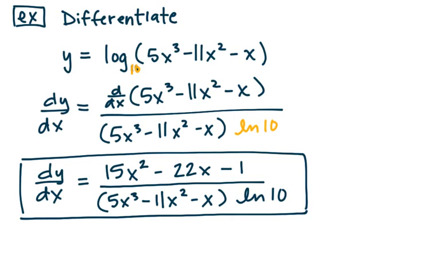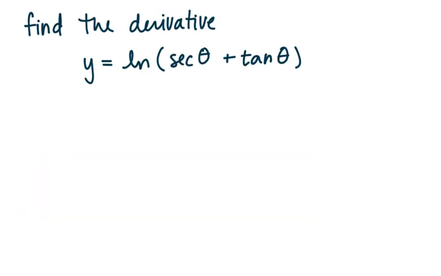Let's do one more example. I'm going to throw some trig in this one. Here we're going to find the derivative of y equals the natural log of secant theta plus tangent theta. So natural log, we do not need to divide by natural log of the base because natural log of the base e would be equal to 1.